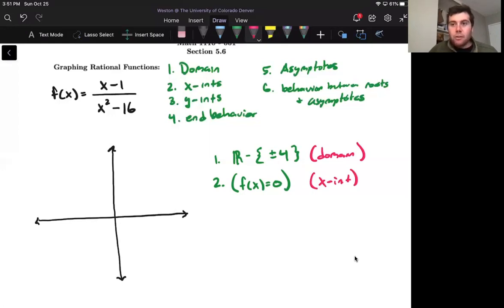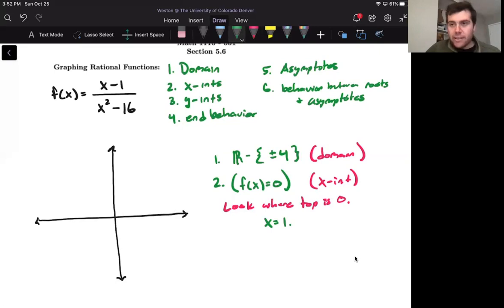And whenever we have 0 divided by something, we have 0. So all we have to do is look for where the top is 0. And so then we just do that and we can figure out that x equals 1 is our root.